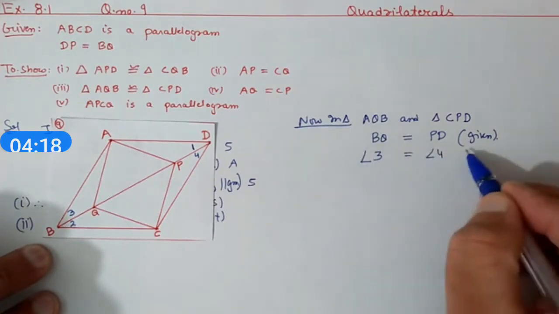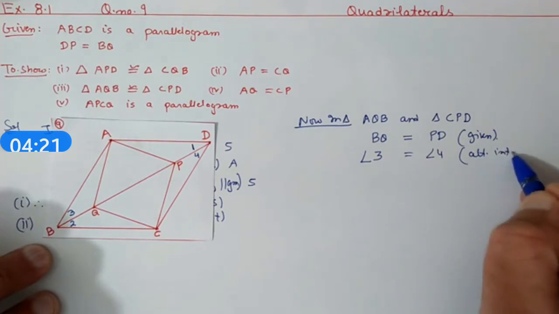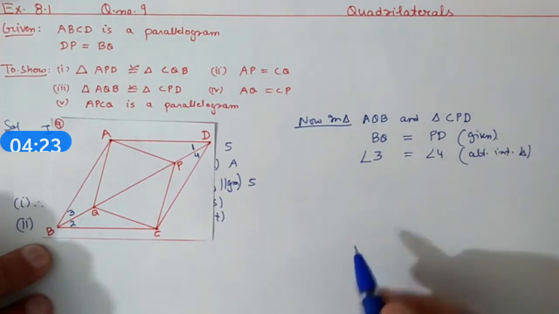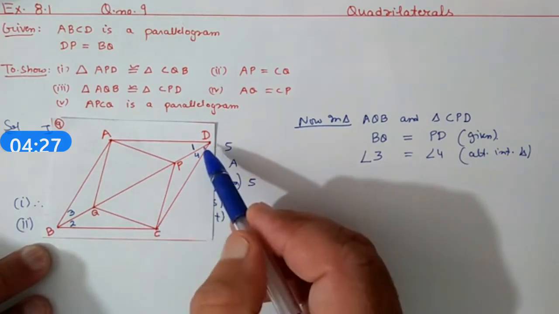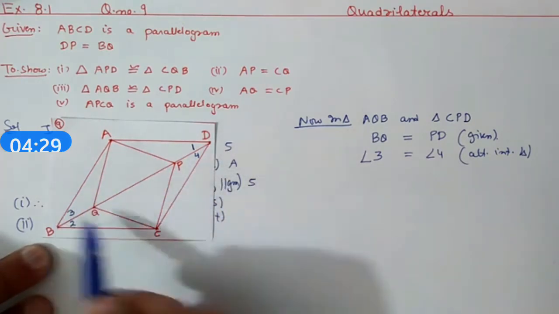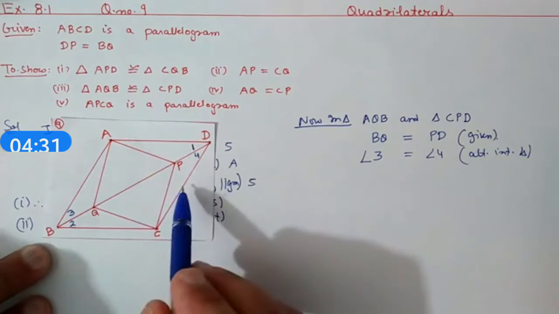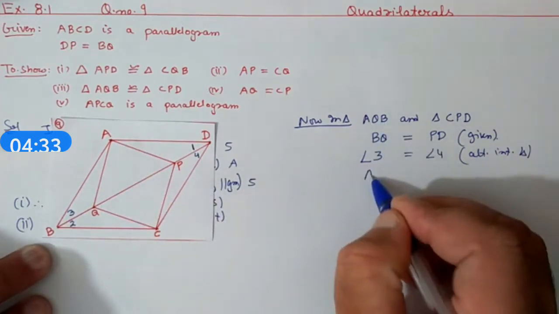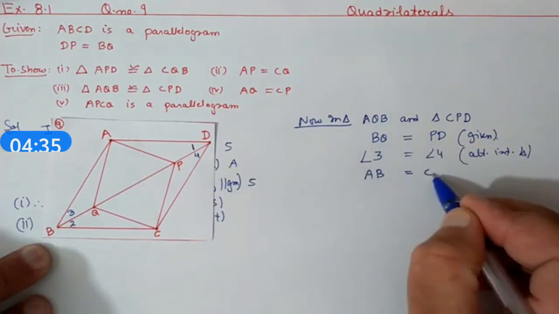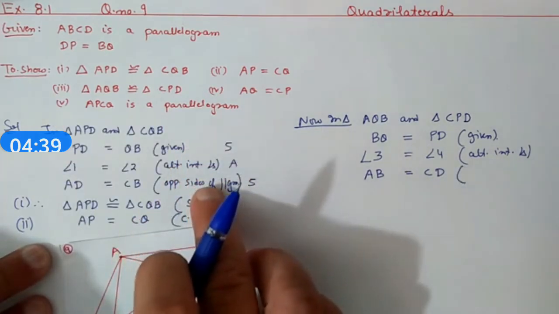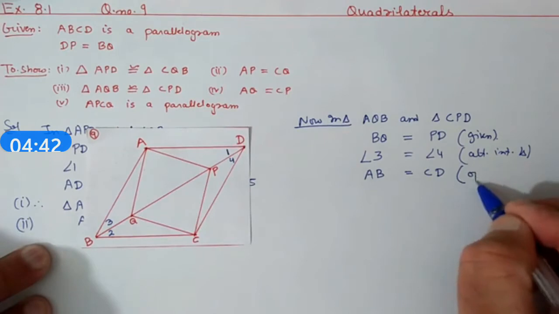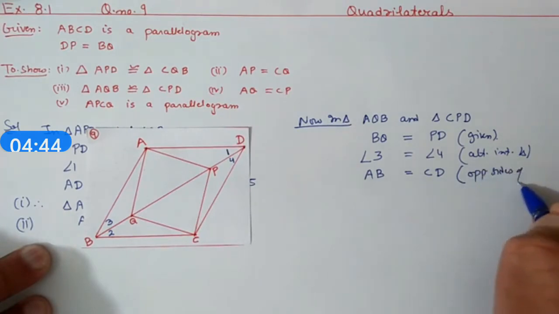So angle 3 will be equal to angle 4, alternate interior angles. After that, AB equals CD, opposite sides of a parallelogram. So here you will mention AB equals CD, opposite sides of the parallelogram are always equal.